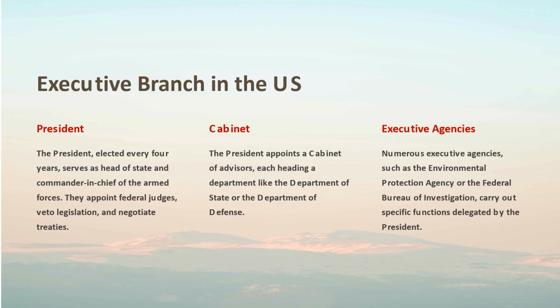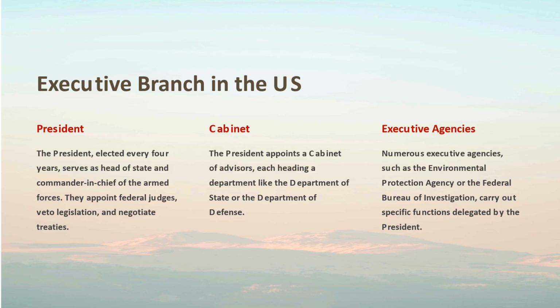The executive branch in the US is led by the president and comprises various departments and agencies that work together to enforce the nation's laws. The president is head of state and government, responsible for directing the executive branch and serving as commander-in-chief of the armed forces.